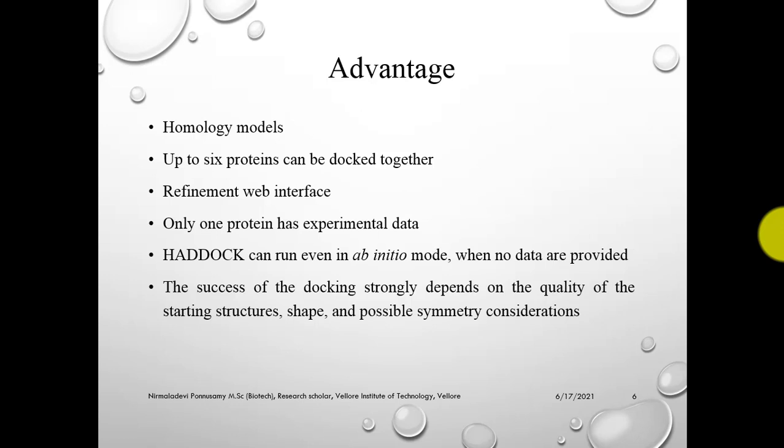HADDOCK's first mode is ab initio mode, where no data are provided. So the docking is strongly based on the quality of the structure. Initially you give the starting structures, the shape, and the symmetric situation, and based on that the docking will give the result.